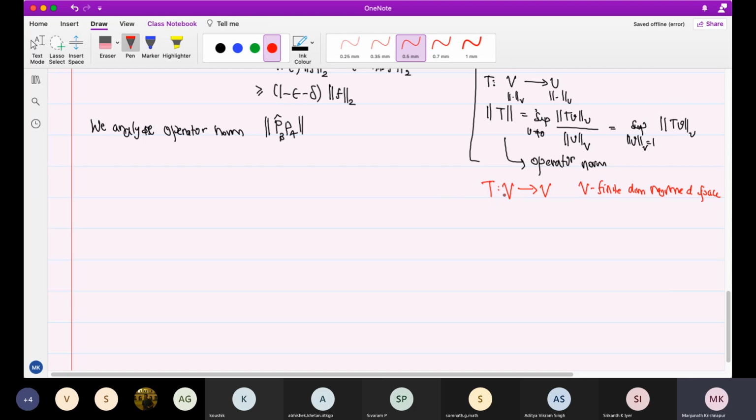Okay, so let's see, if T was a Hermitian operator, it's related to the eigenvalues. The largest eigenvalue is what comes up.